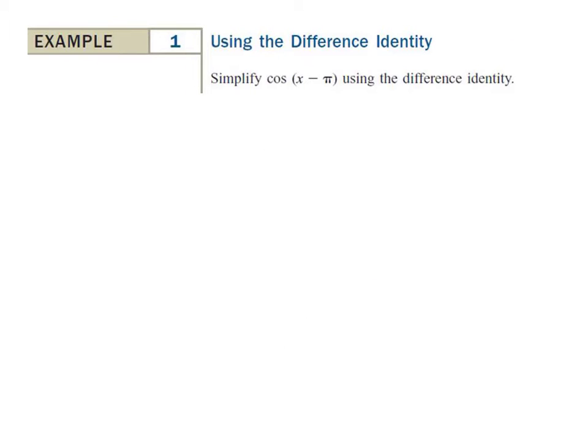All right, so the first one we're going to go through is using the difference identity. So the identity that we're going to use here, I'm going to go in blue, is the cosine of x minus y. Remember that cosine is not social, so it's on its own.